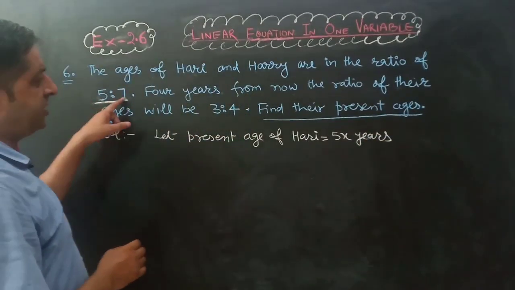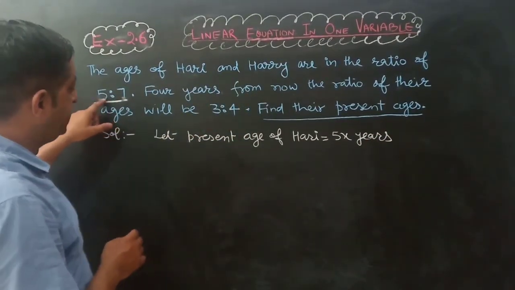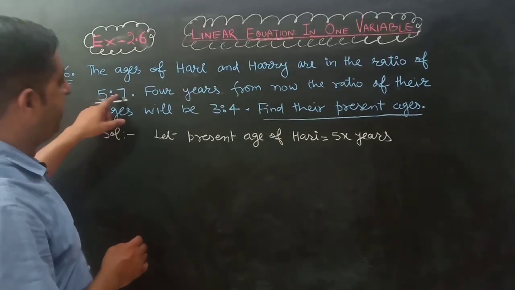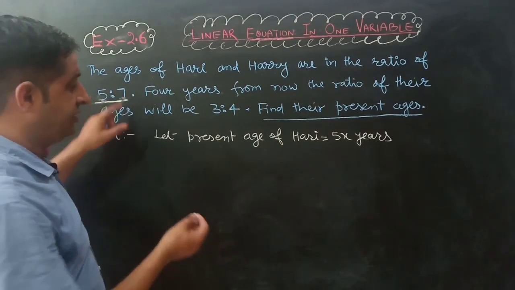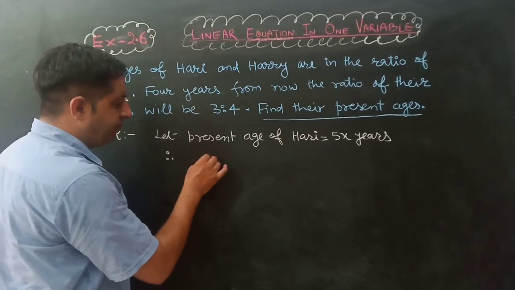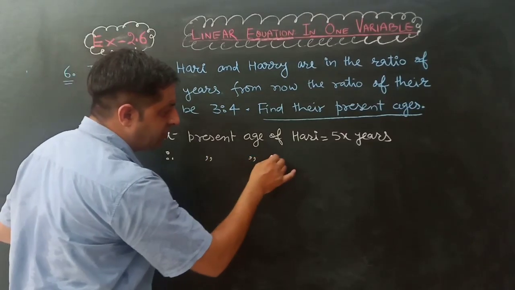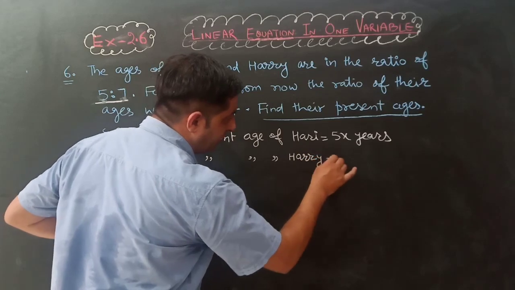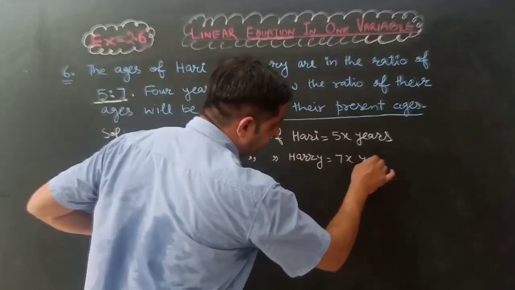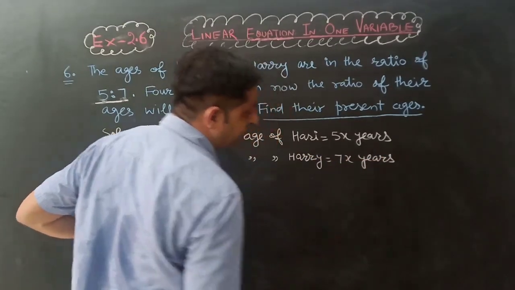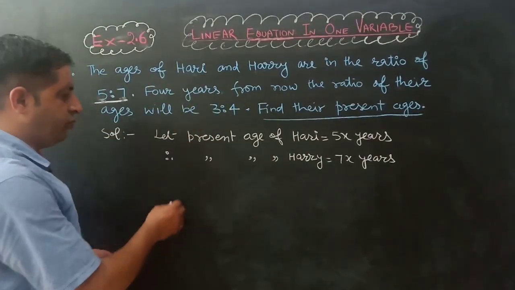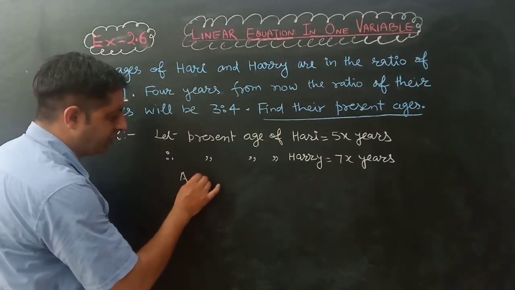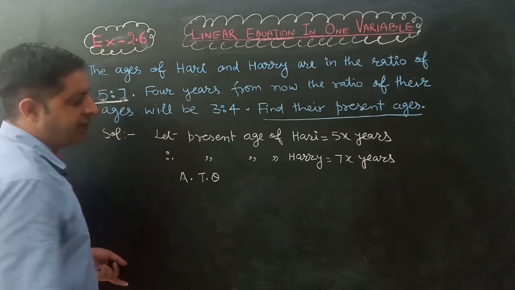I just explained, if Hari's age is 5x, multiplying by x, Harry's age will be 7x years. Therefore, the present age of Harry is equal to 7x years.